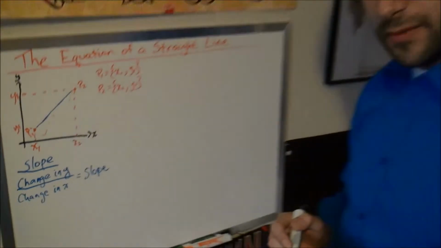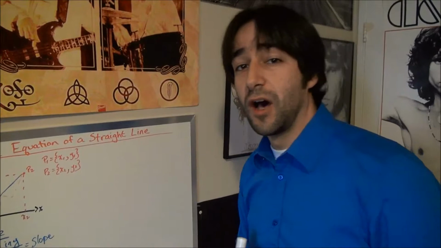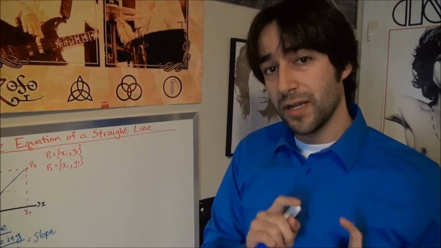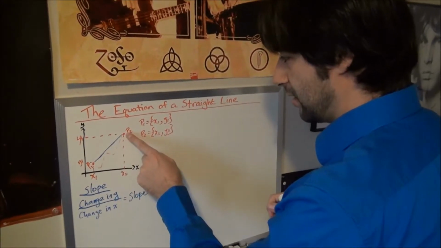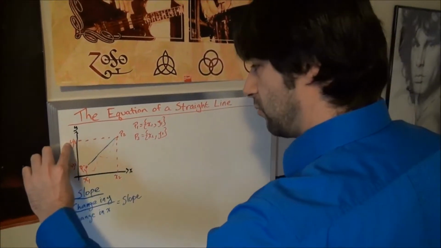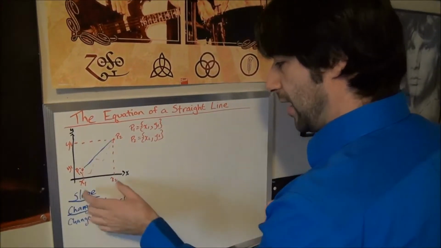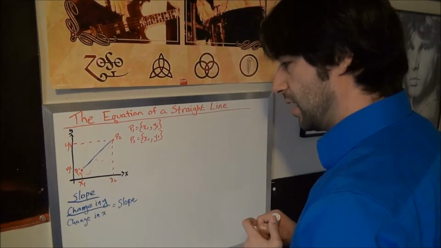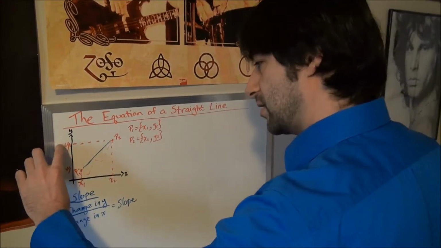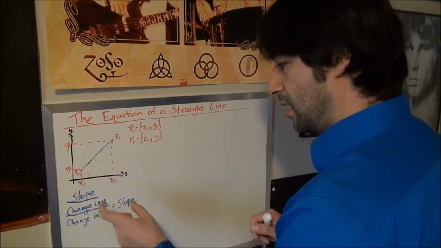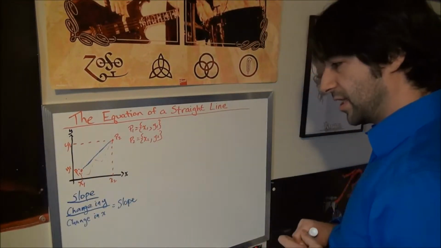What that means is, if I were to traverse myself from the first point, P1, to the second point, P2, going from here to here, my y-coordinate will change, and my x-coordinate will change. And then the slope is defined by how much my y-coordinate changes divided by how much my x-coordinate changes.